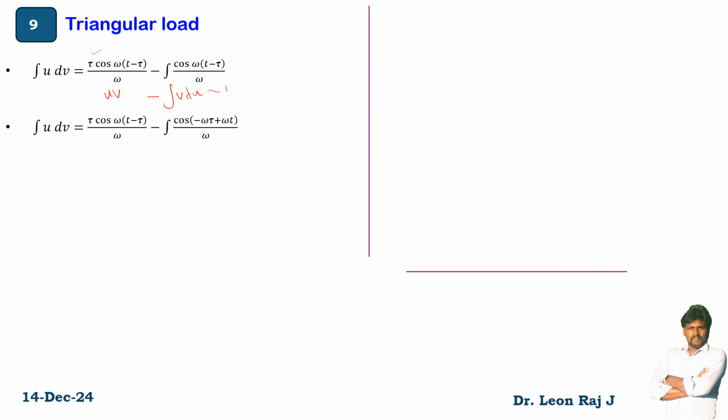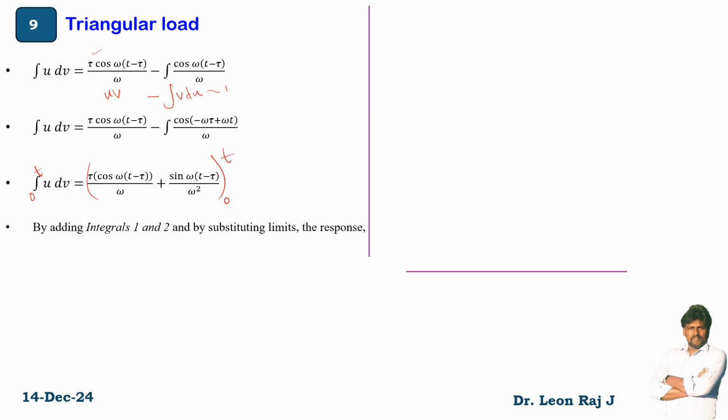So substituting the remaining terms, you got tau into cos omega (t minus tau), and here the integral from 0 to t is left.